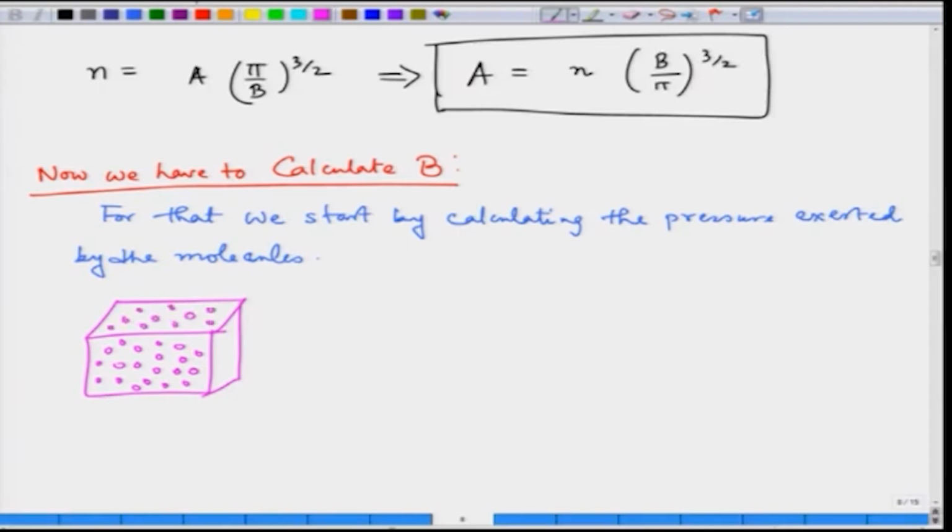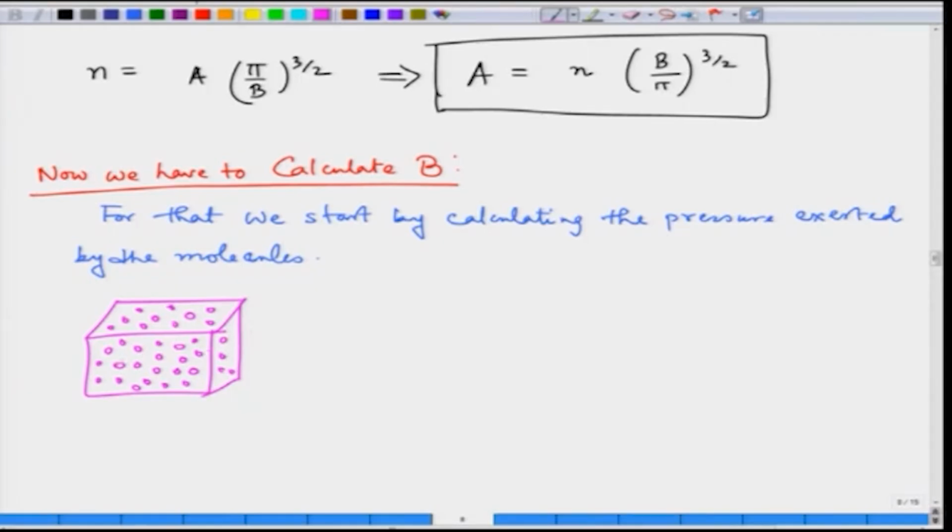When I talk about moving freely, that does not mean they are not moving under any force; freely means without any collision. When these particles are not experiencing any collision with other particles, finally they are colliding with the walls of the container.